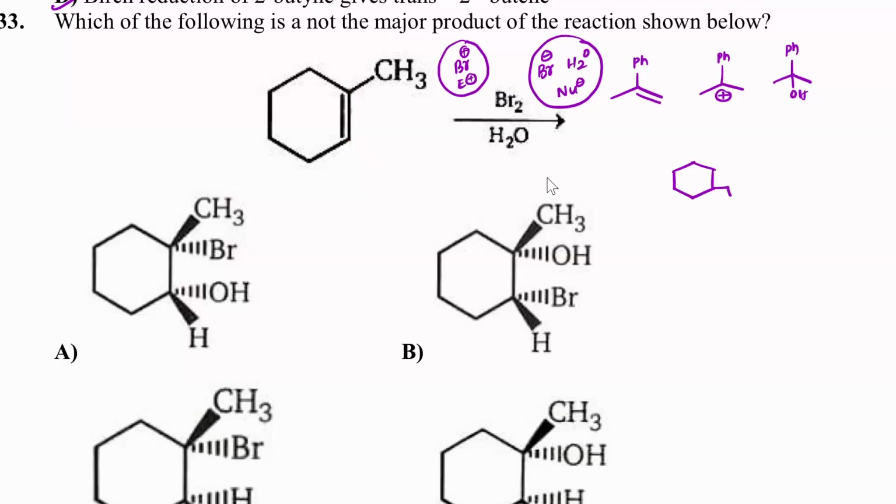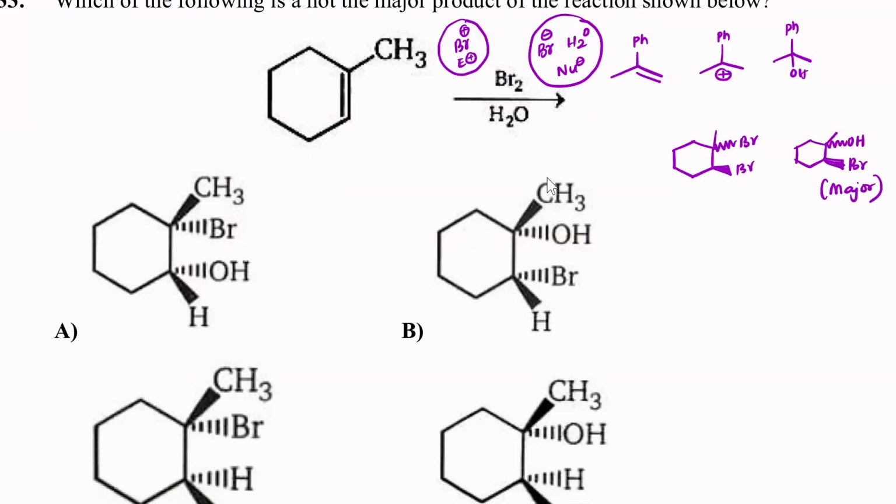So if Br is coming outward, then in this case Br should be inside. Similarly, if Br is coming outward, then OH could be inside. Because water is in large quantity, this is the major product that you will report.